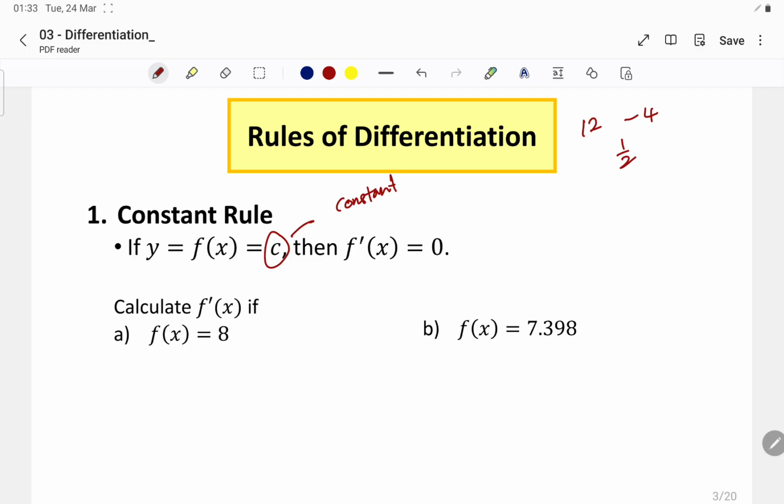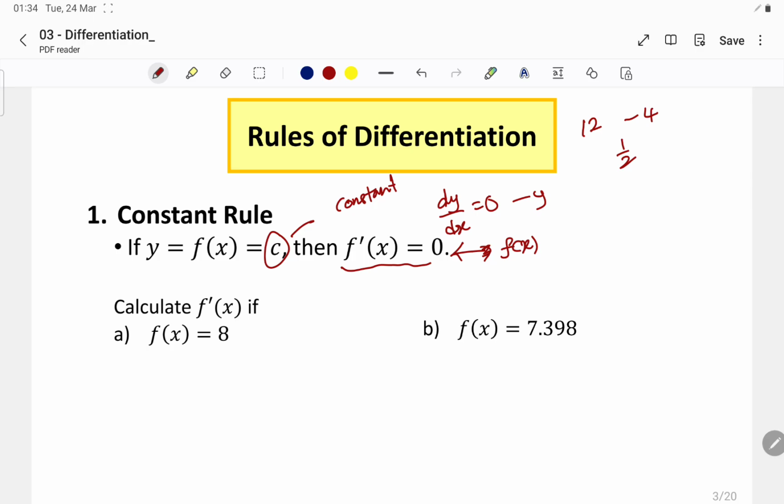When you differentiate a constant, it will be 0. You can represent it as f prime x equal to 0, or dy/dx equal to 0 if your equation is y. If your equation is f(x), when you differentiate, it becomes f prime x equal to 0.